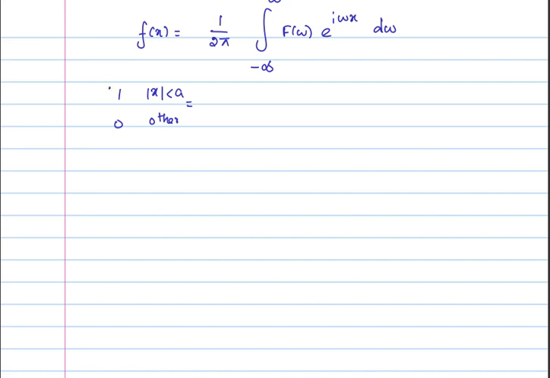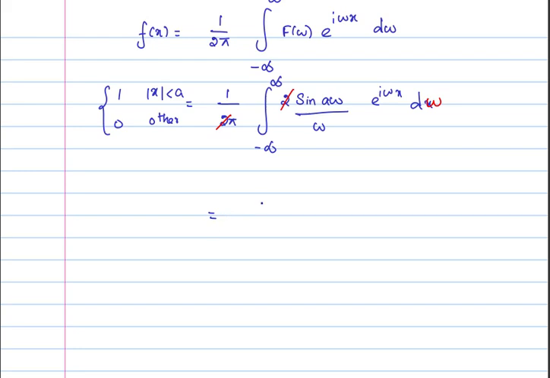So this function equals 1 over 2 pi times the integral from minus infinity to plus infinity, where F of omega is 2 times sin a omega divided by omega, times exponential of i omega x d omega. So the 2 and the 2 cancel each other. Sorry, this is d omega.